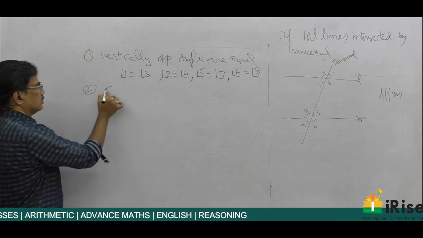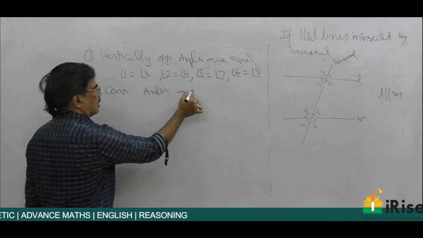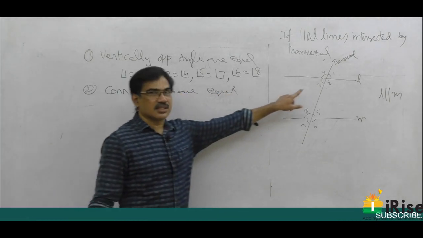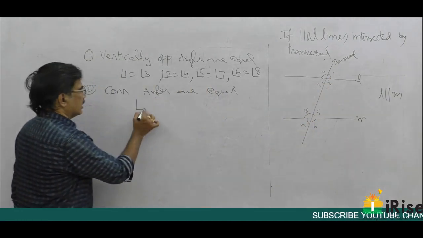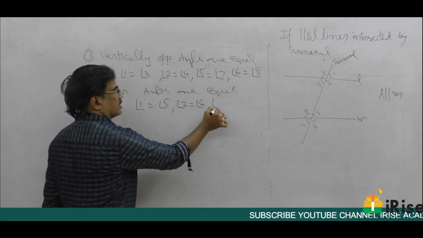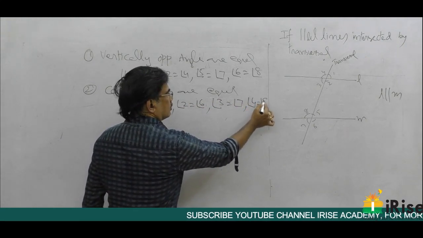Number 2, corresponding angles are equal. Angle 1 equals angle 5, angle 2 equals angle 6, angle 3 equals angle 7, angle 4 equals angle 8.